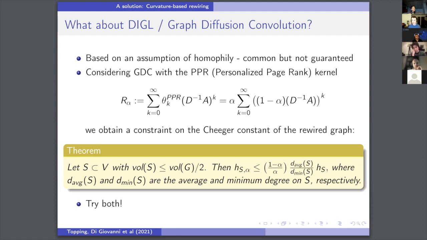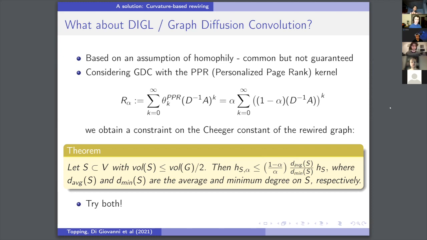The important part of this theorem is the term in the top right: the Cheeger constant after a DIGL rewiring with this diffusion parameter alpha is bounded above by a multiple of the original Cheeger constant. What this means is that if you have a poor Cheeger constant before, and a high alpha, then you're going to be limited in the improvement you can make to the Cheeger constant. To alleviate this bound, you will need to take quite a low alpha and blow this term on the right up, which results in a much denser graph.